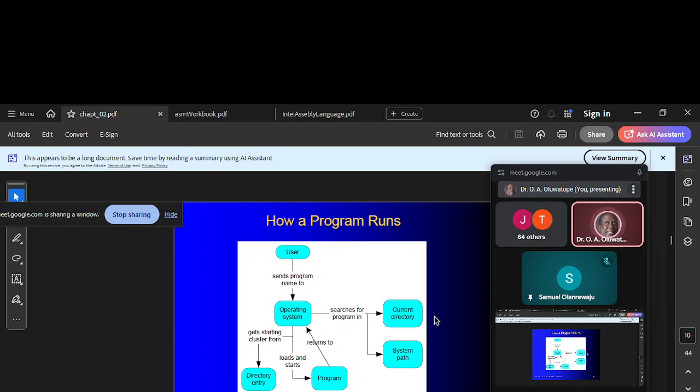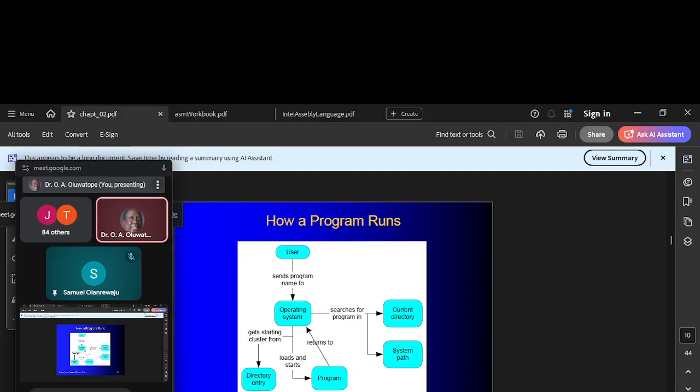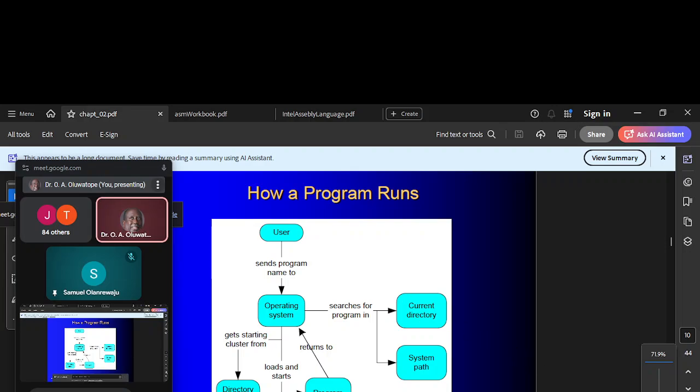Now, the next thing is, how does a program run? How do you run a program? Let's look at how a program is run. A program emanates from a user, sent in as a file with a name onto the operating system. The operating system searches for the program in a directory.